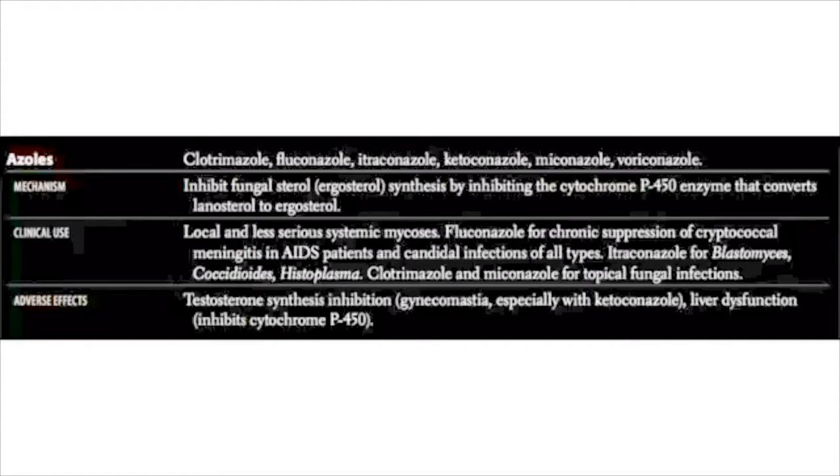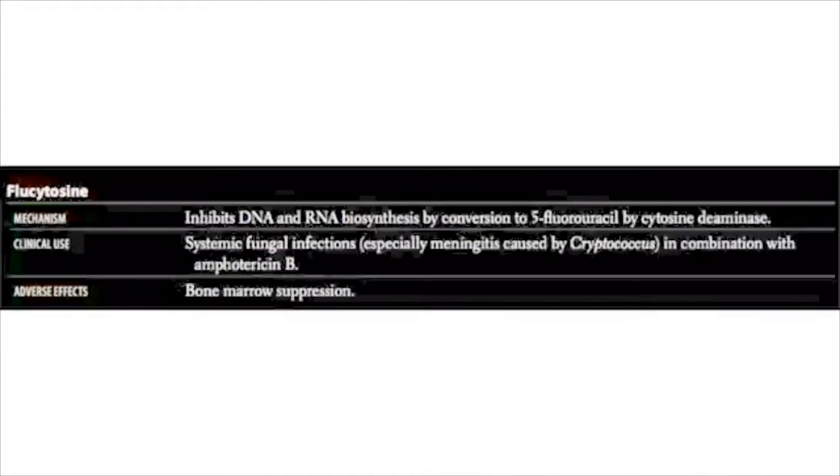They typically are a little bit better tolerated in terms of their side effect profile. And one thing that's really nice about them is that they can cross the blood-brain barrier. So it's good for people with AIDS with various problems going on in the brain. But toxicity does include blocking our hormone synthesis, so it can lead to gynecomastia, and it also causes hepatotoxicity.